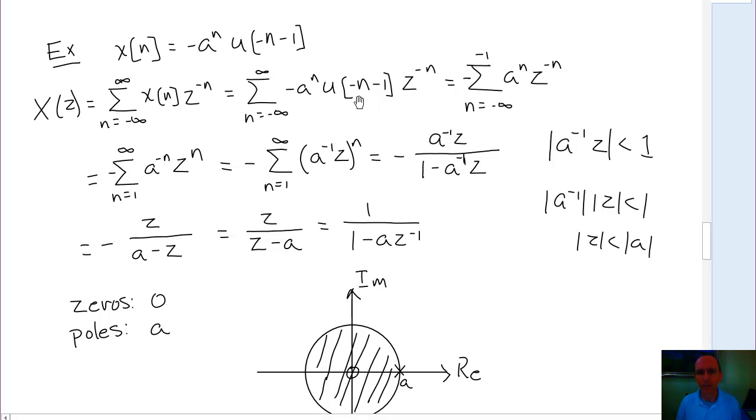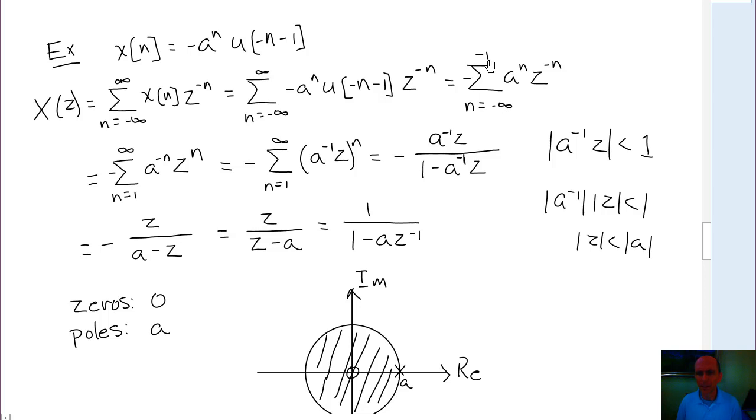Now it turns out that if n goes from minus infinity to minus 1, these values will be 1. And if n goes from 0 to infinity, these will be 0. So the values that are 0 in our summation are the values from 0 to infinity. So our summation is now going to go from minus infinity to minus 1.